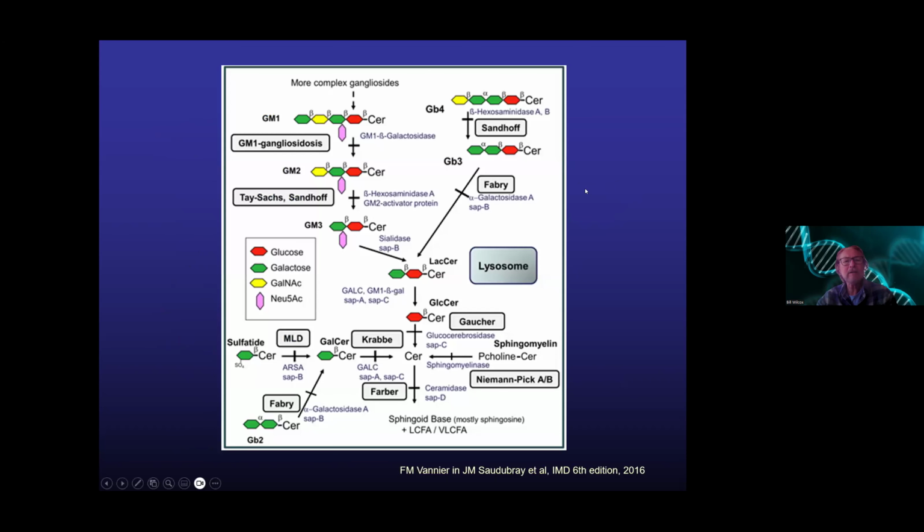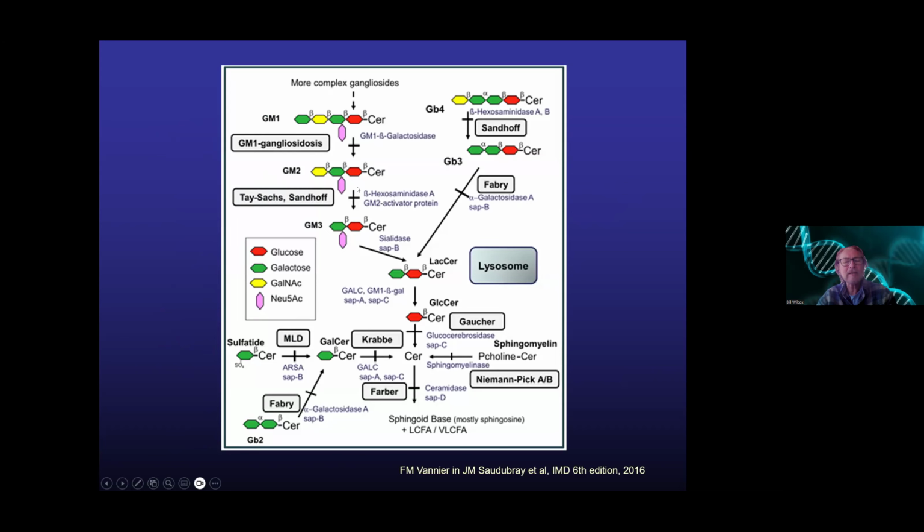So looking here at where Tay-Sachs and Sandhoff fit in, this is from the Scriver's book. And I think this diagram is pretty nice. So complex gangliosides get broken down into GM1, and deficiency of this enzyme, the beta-galactosidase, produces GM1 gangliosidosis, we'll talk about in a minute.